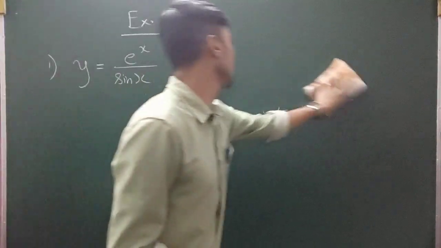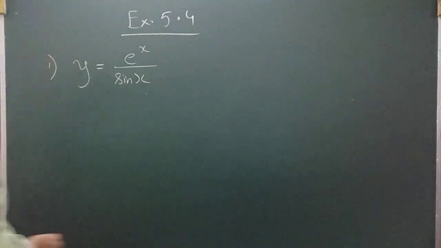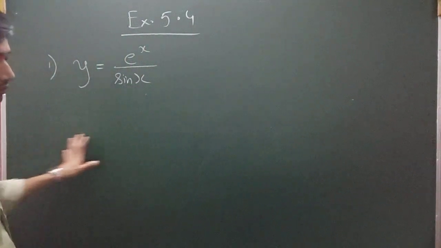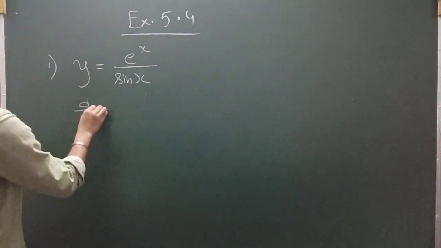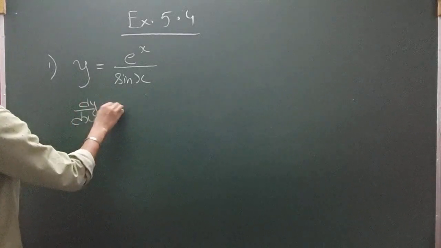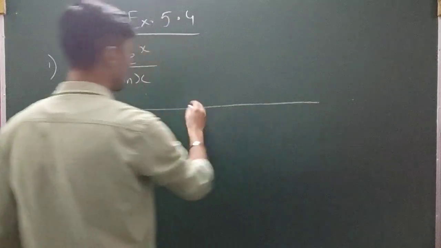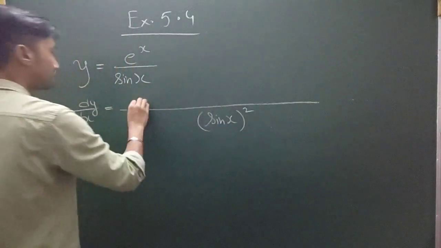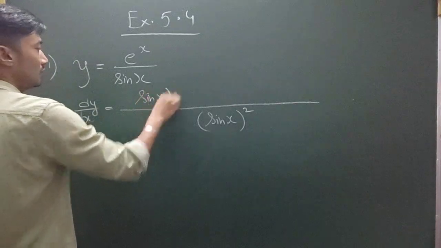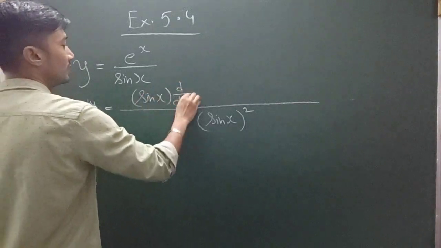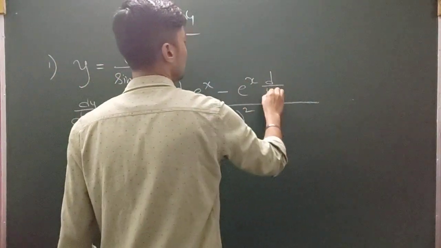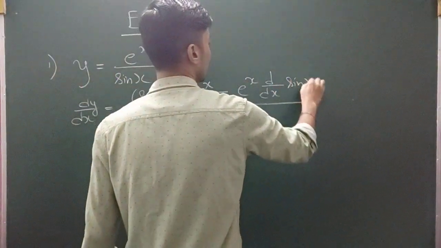So let's differentiate both sides with respect to x. I'm not writing all those things, you can write them down. Differentiating both sides with respect to x. Let's just finish this up. dy by dx is equal to, using the quotient rule, square of denominator, then denominator into derivative of the numerator minus numerator into derivative of the denominator.